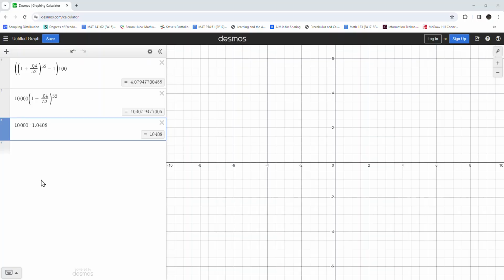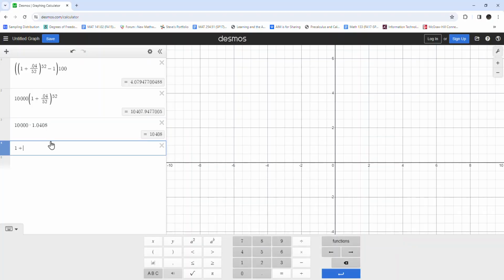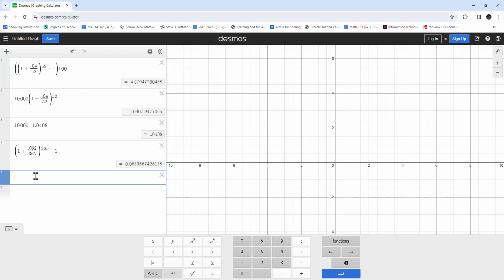Scampering off to Desmos. Oops, I forgot to divide by 2.